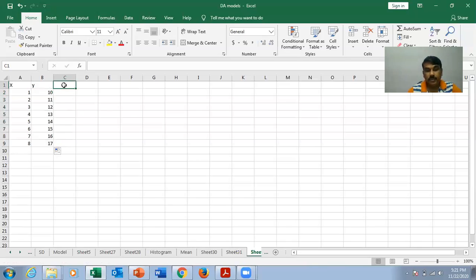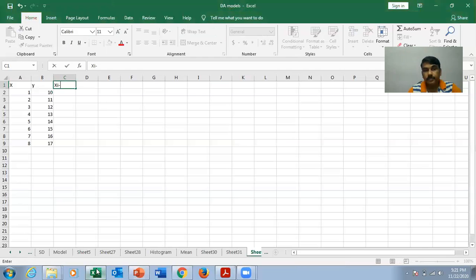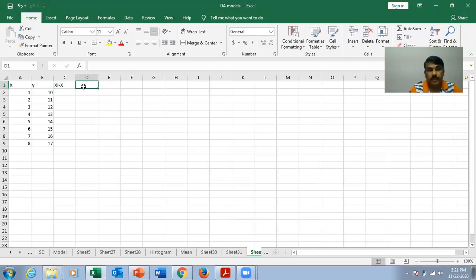Now here we have to calculate xi minus the mean value, and yi minus y bar.